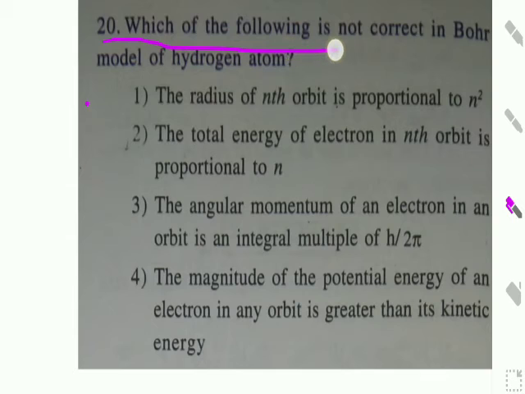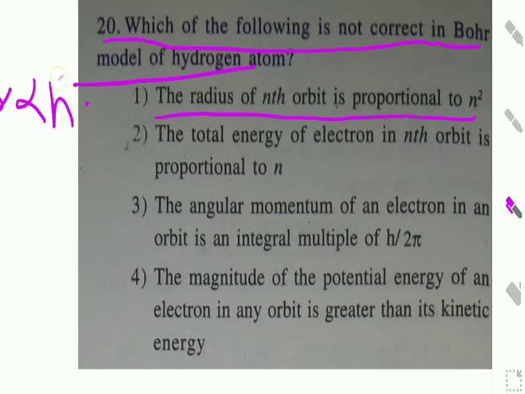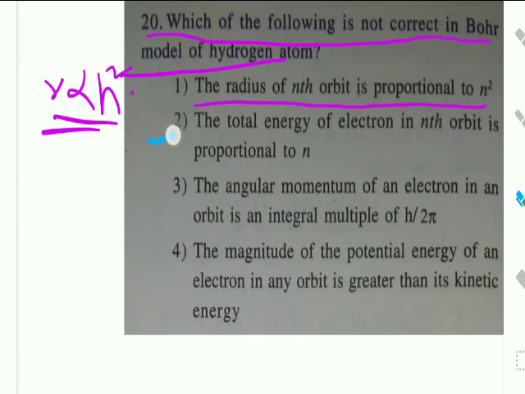Which of the following is not correct in Bohr's model of hydrogen atom? The radius of the nth orbit is proportional to n square. Right, r is proportional to n square. This is right. Second option: the total energy of the electron in the nth orbit is proportional to n.